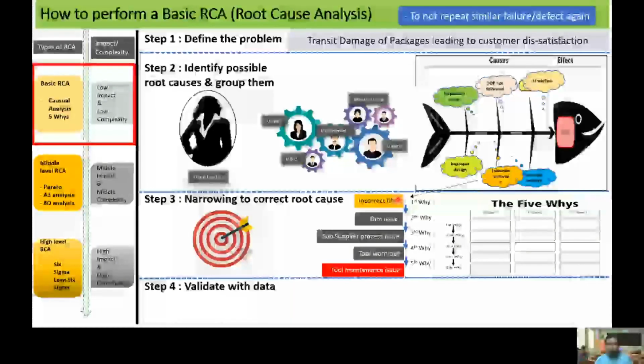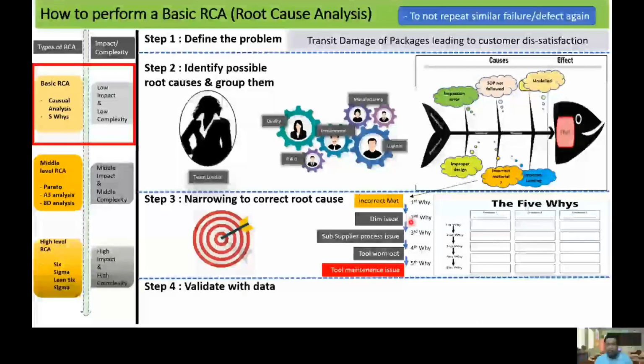So for that possible root cause, if you do 5 Why analysis, then you might reach a scenario where the root cause could be the tool maintenance issue at the sub-supplier place. For example, if you ask why there was an incorrect material for the packages, there could be dimensional issues. If you ask why there were dimensional issues, you could understand that there were some kind of supplier process issues.